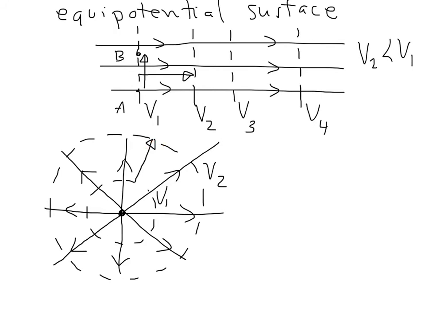If these potential surfaces are close enough, then the magnitude of the electric field is relatively constant, even if these potential surfaces are far apart, but the change in each little small displacement outward can easily be evaluated with that formula we gave. And each contribution to the change is negative because the delta R always points in the direction of the electric field. So in this case as well, you can see V2 is less than V1. And you can get to that result just by remembering that the electric field points in the direction of decreasing potential.